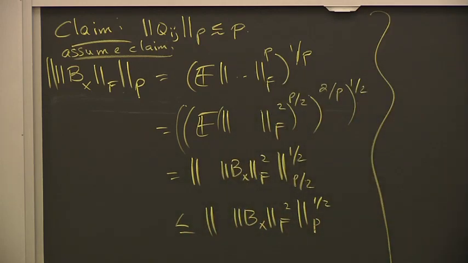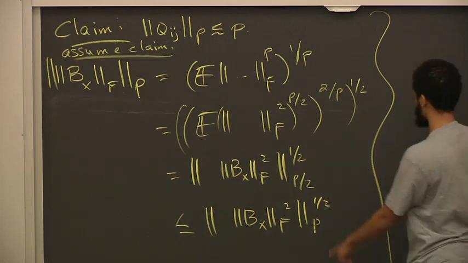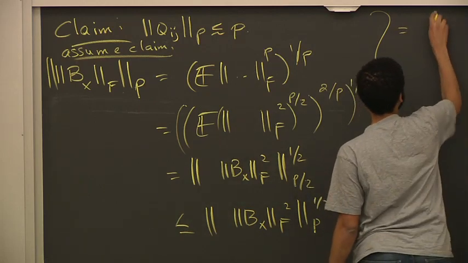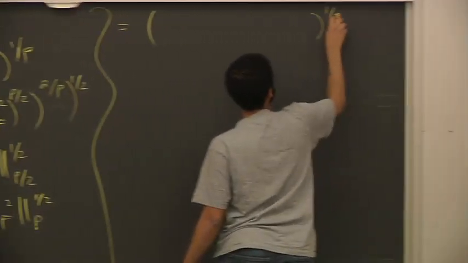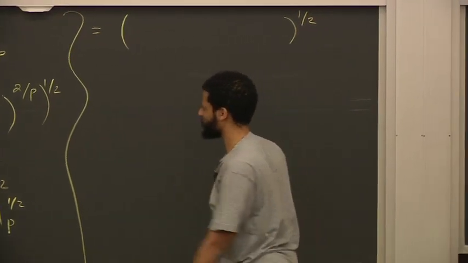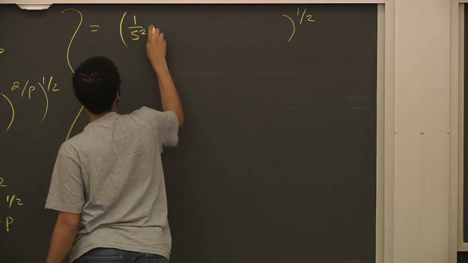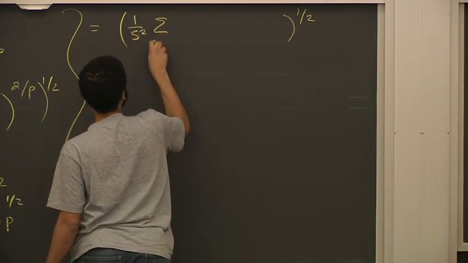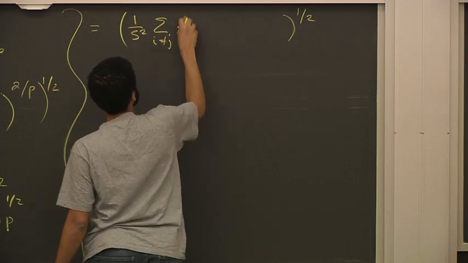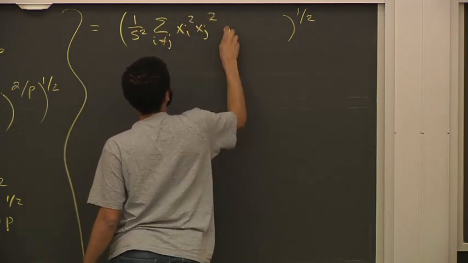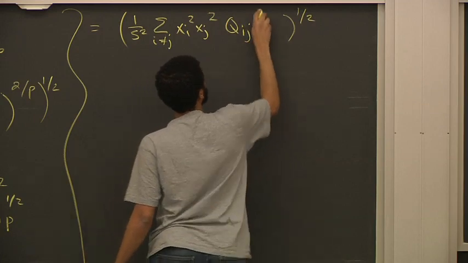So let's look at this thing. It is equal to something to the 1/2: 1 over s squared, sum over i not equal to j of xi squared xj squared Qij, p norm.